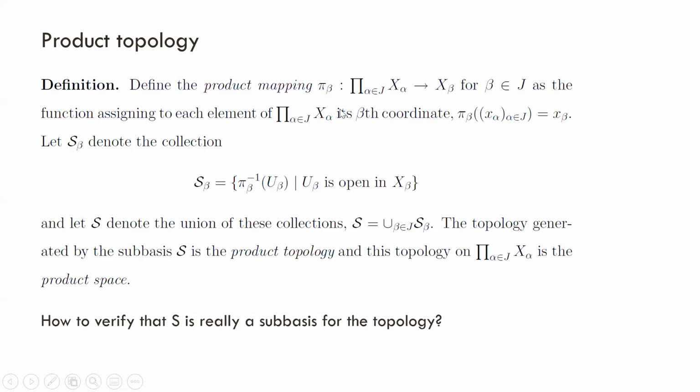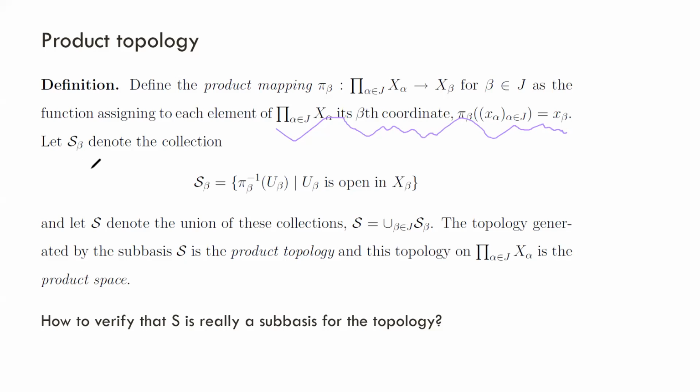We first define the projection map pi beta as the function assigning to each element of this product its beta coordinate. So it's basically a projection map.